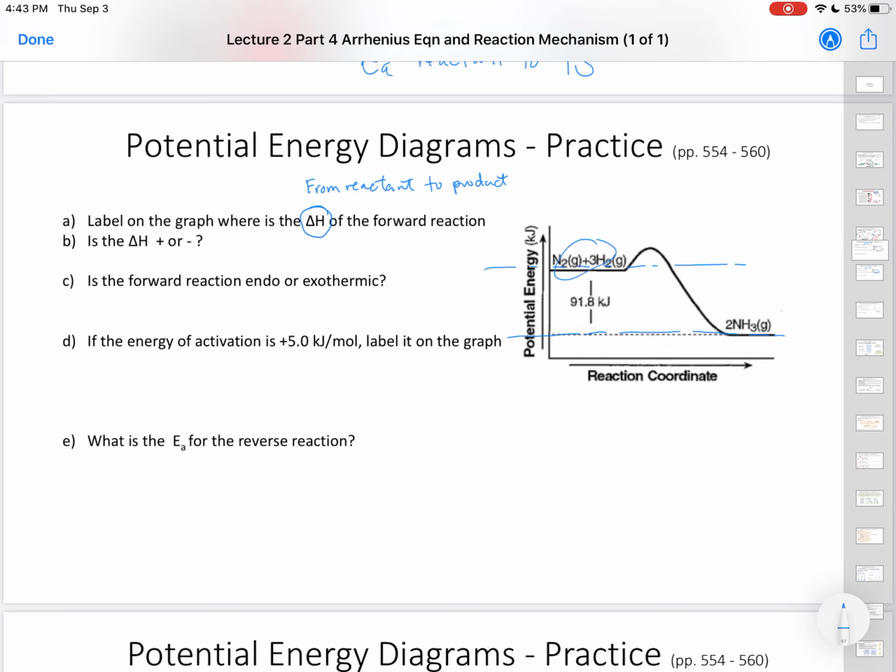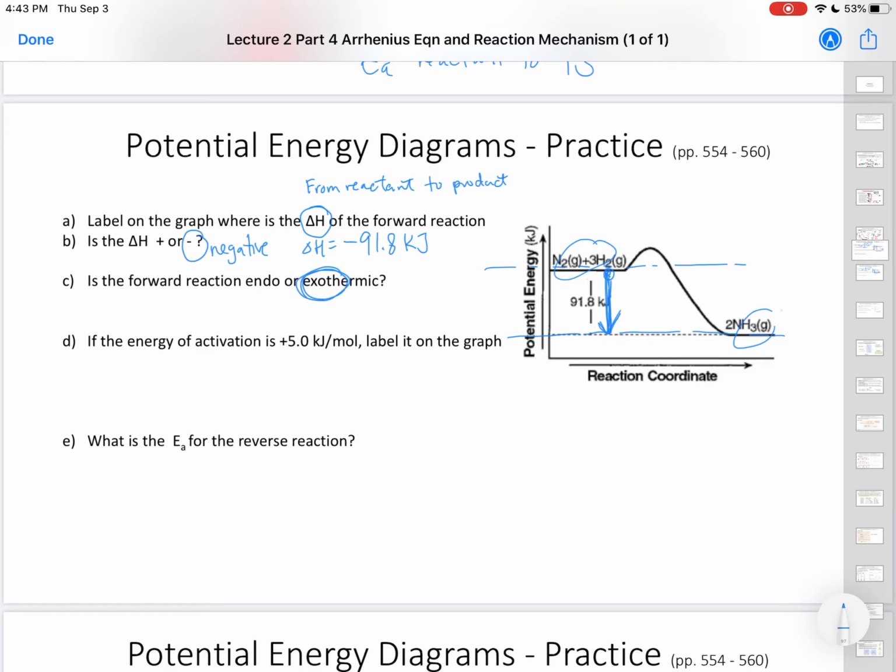So from the reactant to the product. In this case, it's going to be downward, so it is negative 91.8 kilojoules. And because it is pointing down, it is exothermic, and it is negative.